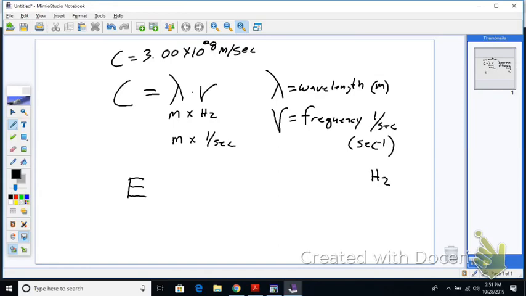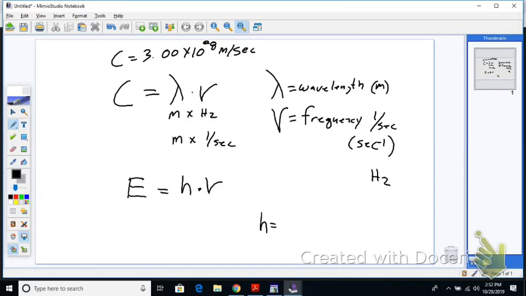So we'll translate this into energy as well, and energy is equal to Planck's constant, which is h, times frequency. So again, frequency. Now h is Planck's constant. Max Planck came up with this connection that if you could find the frequency, then you could find the energy of the electron.